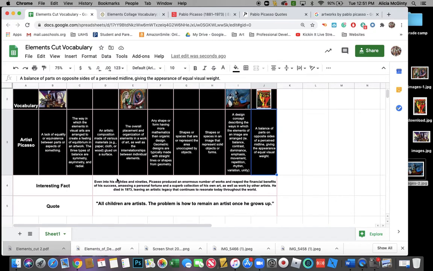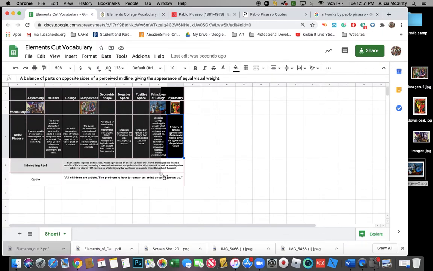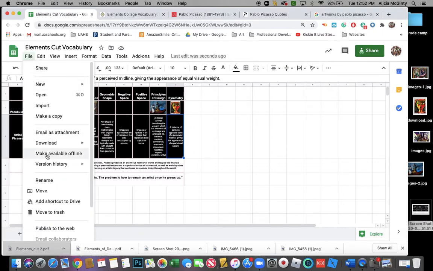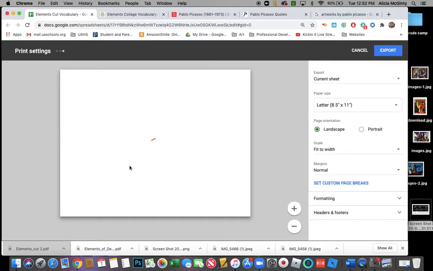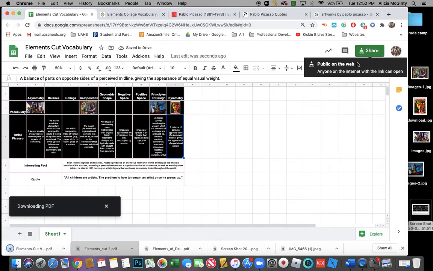When you are finished, you are going to make it small enough that you can either take a screenshot of the entire piece, and then submit that into Google or into your Canvas drive, or you can go into download as a PDF, then I'm going to export it, and then that you can put into your Canvas assignment.